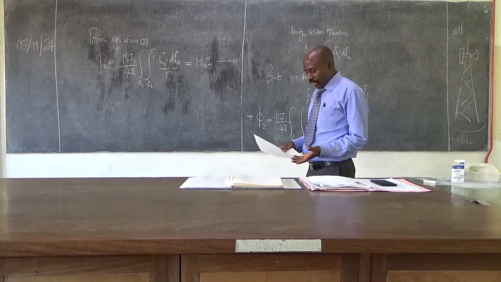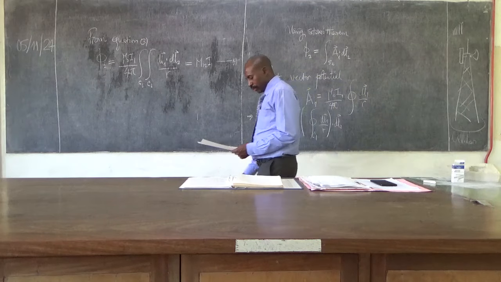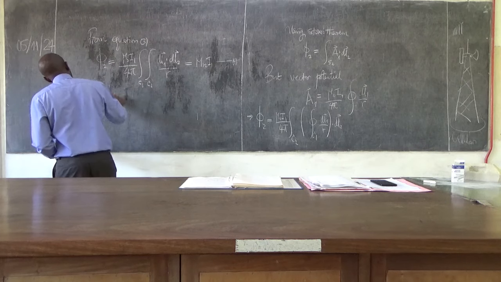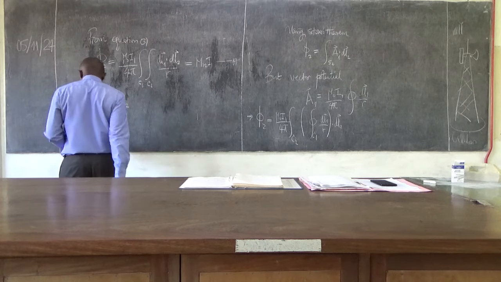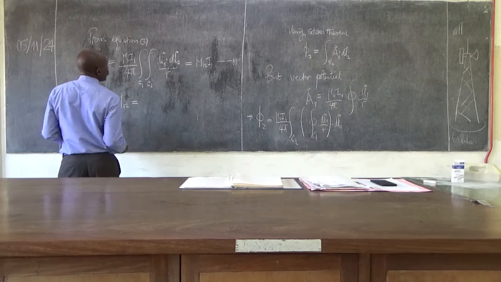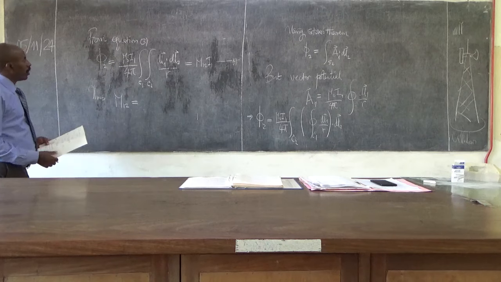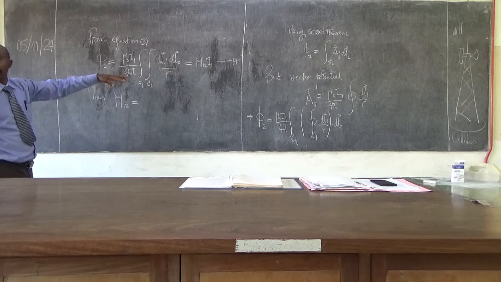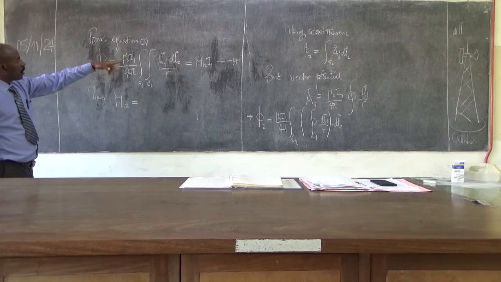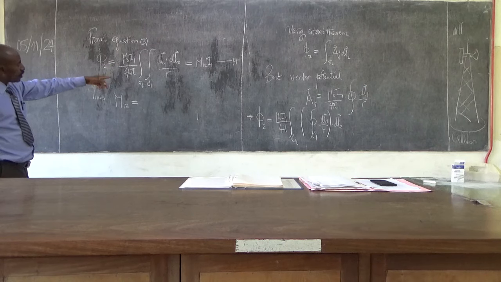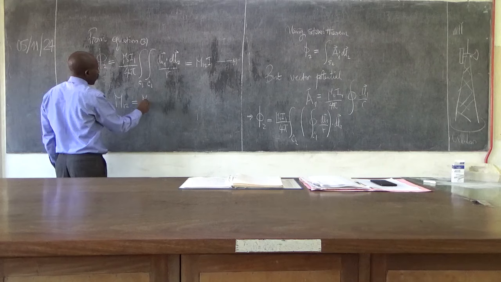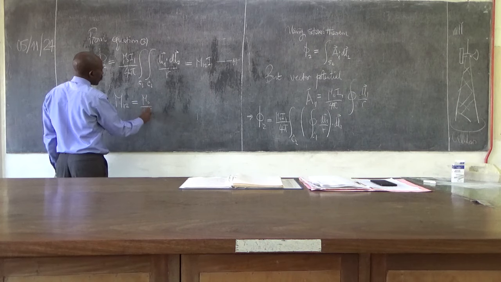So we can write the mutual inductance. Thus, the mutual inductance between these two coils would be the same as, so I1 would cancel, and then the mutual inductance would be the same as mu naught over 4 pi.